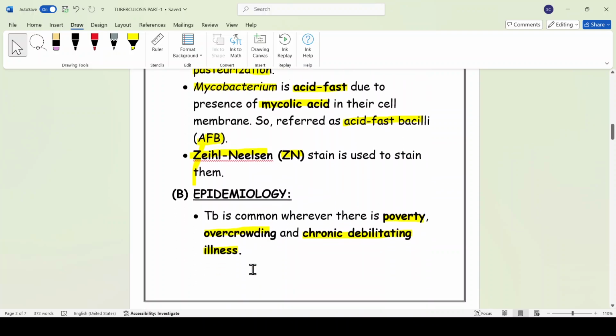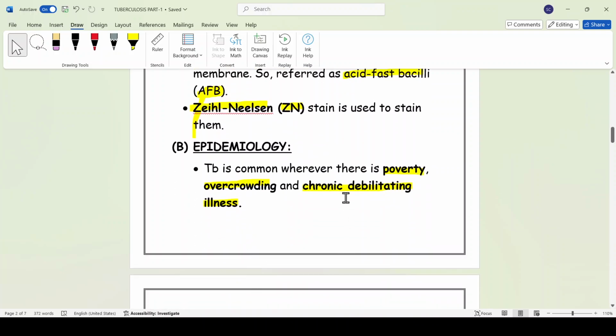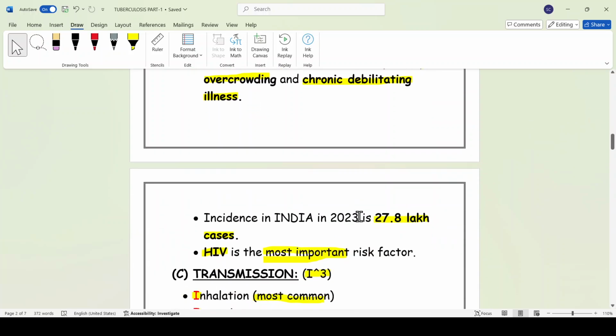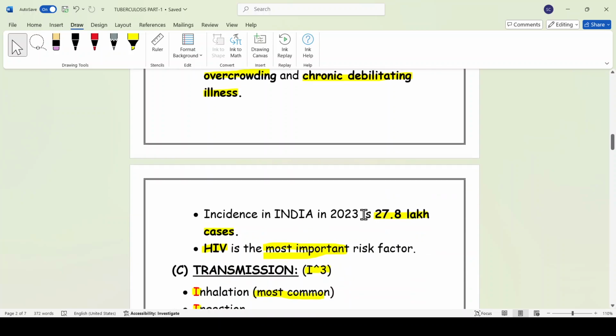If we see the epidemiology of TB, as I told before the start of the lecture, TB is very common in countries where there is poverty, overcrowding, and risks of chronic debilitating illnesses like diabetes, HIV, hypertension, etc. Now, what is the reason for HIV being a risk factor for TB?